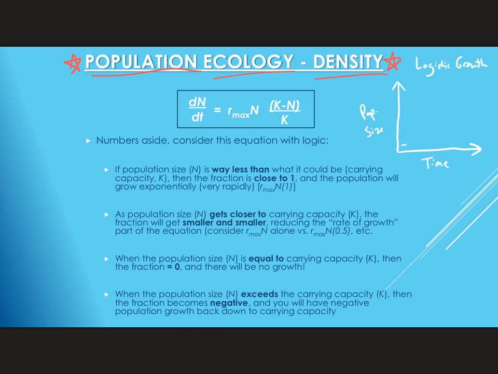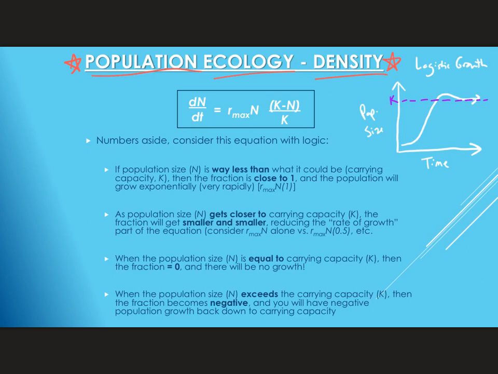And so we would see, again, a graph that would look something like this. Now the first thing I'm going to add in here is an illustration of carrying capacity. All right, so here's my carrying capacity. And remember that at any given moment, our population size is n.